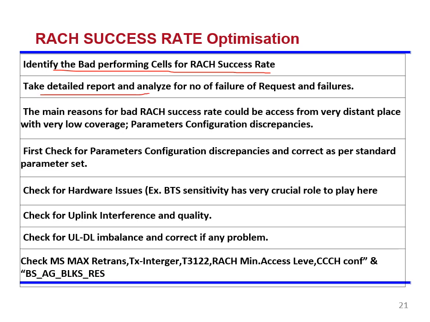Take the detailed report, analyze the number of failures, why it is failing. As I told you, the failure mainly occurs because of low coverage, low quality or capacity issues. So if low coverage is there, how to address it? The parameters are to be adjusted or physical optimization is to be done.